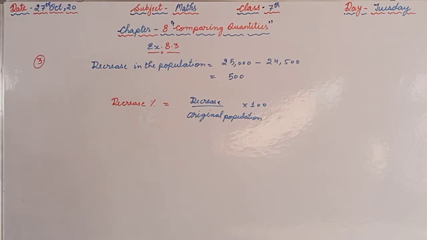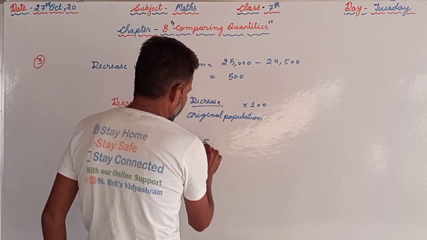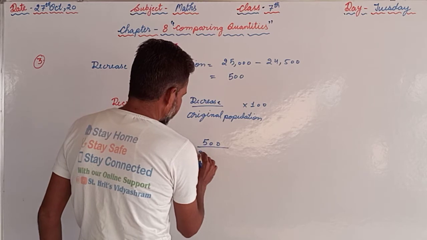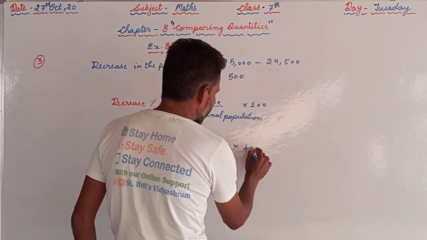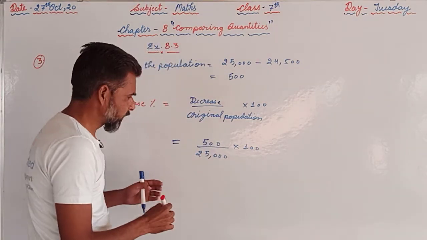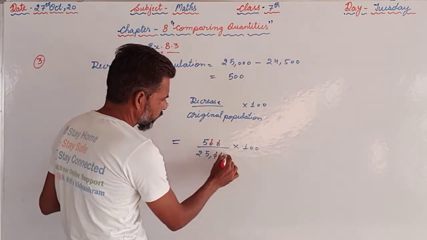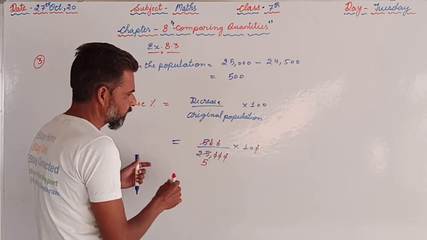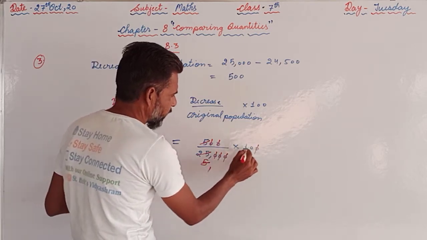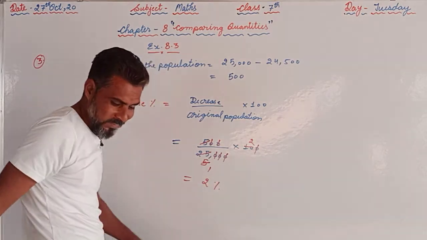So from here we can say that the decrease is 500 and the original population was 25,000, and we are supposed to multiply by 100 to calculate the percentage. So from here 2 zeros cancel out, and 5 5s are 25, and from here we can cut, 5 1s are 5, 5 2s are 10, means 2% decrease is there.